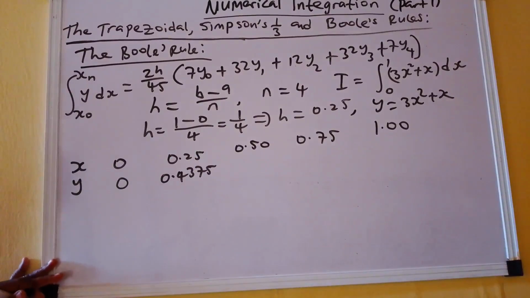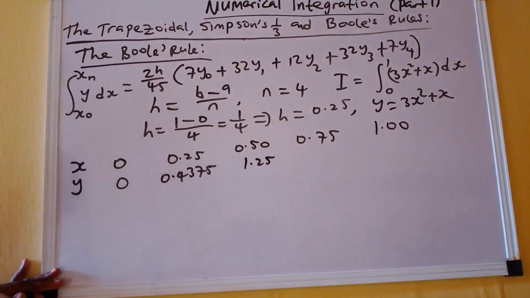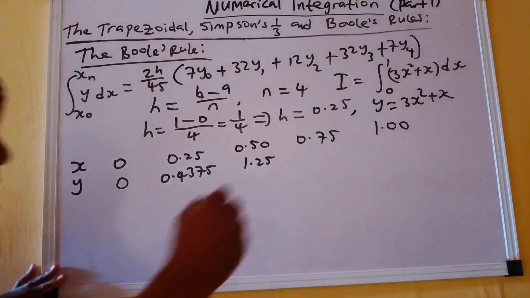Then when x is 0.5, you have 0.5 squared times 3 plus 0.5, that will be 1.25. When x is 0.75, you have 0.75 squared times 3 plus 0.75, that will be 2.4375.